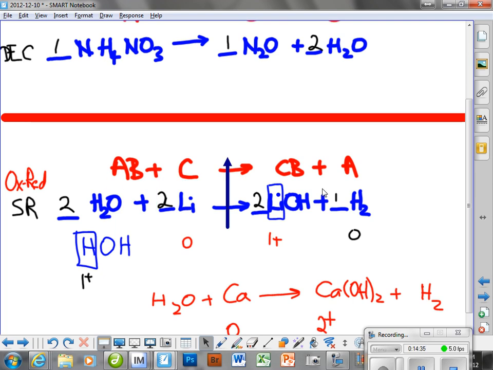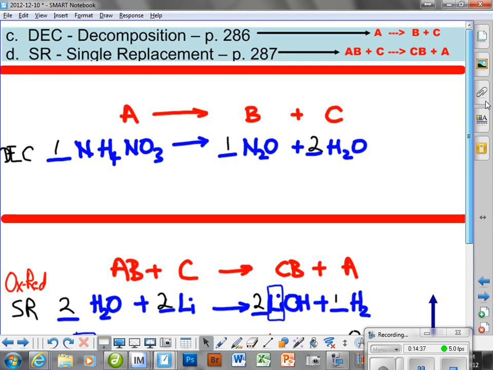All right, here, if we look back up here, we have the AB plus C going to C replacing B to become, or C replacing A to become CB, and then A winds up getting bumped and winds up by himself. Right? So this is our single replacement.